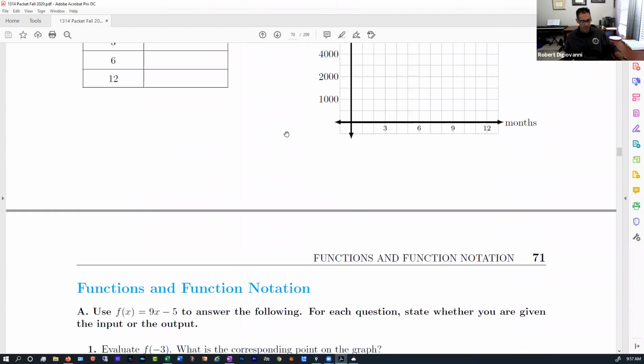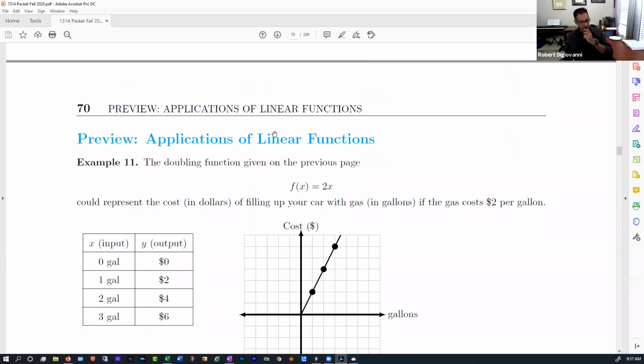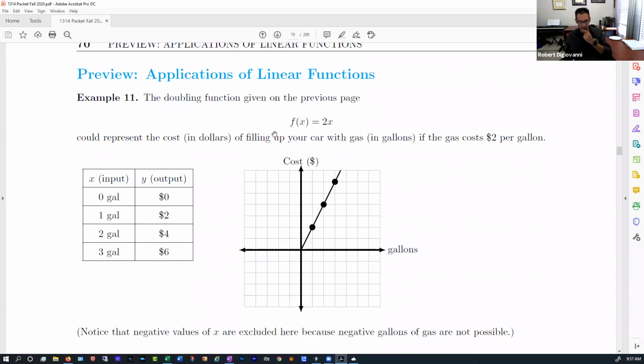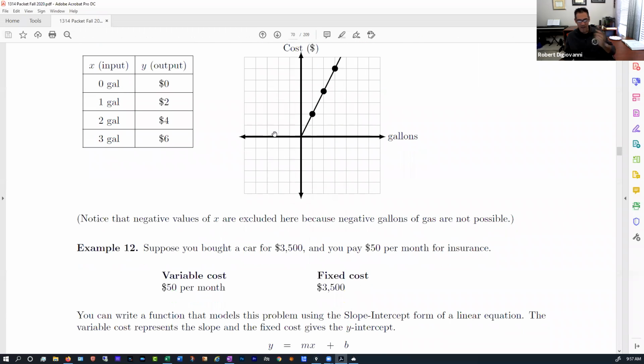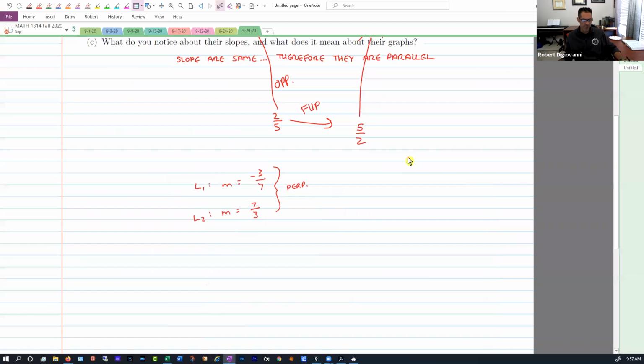Okay, so let me see where I want to start this. I think this is the preview part. Yeah. Okay, so we'll do a little preview of this. Let's talk about just functions in general.